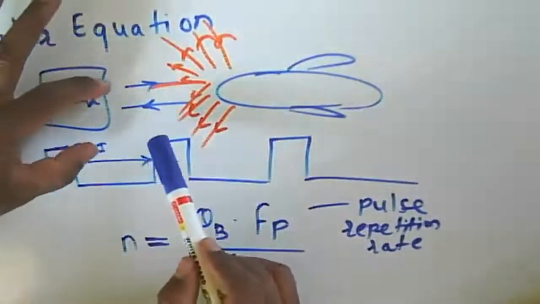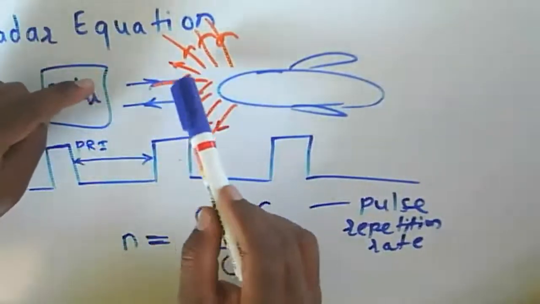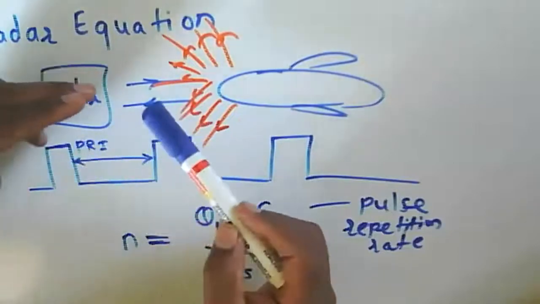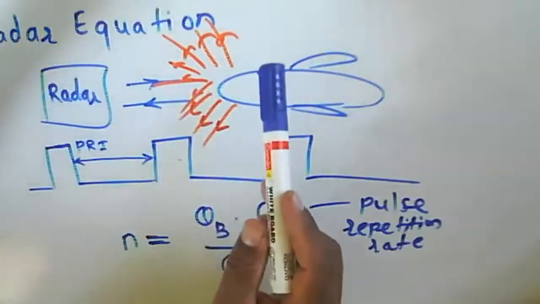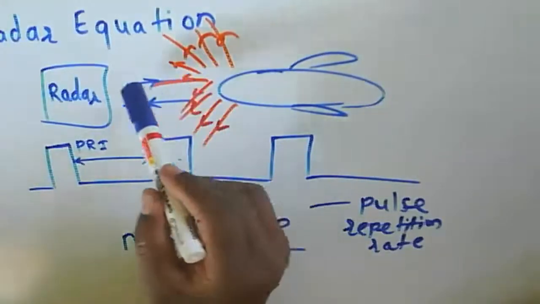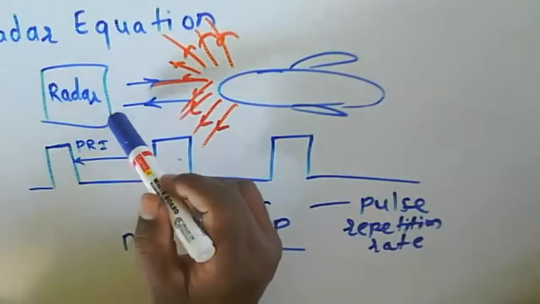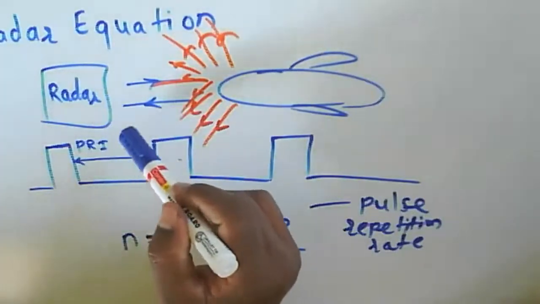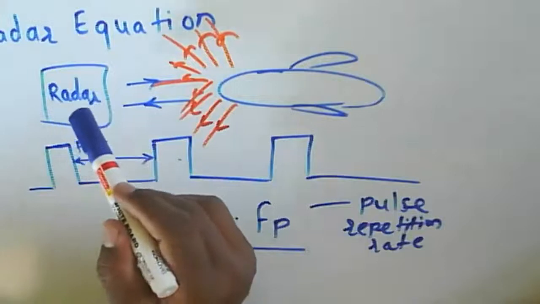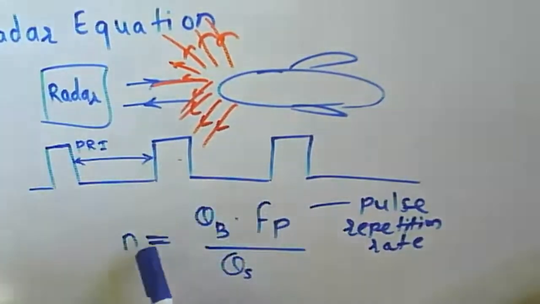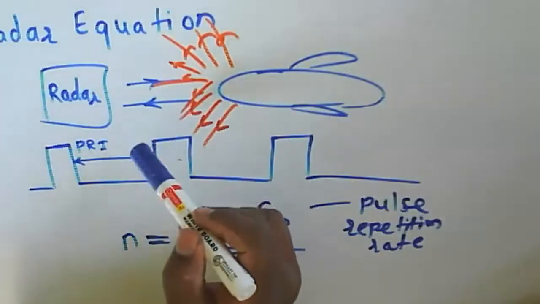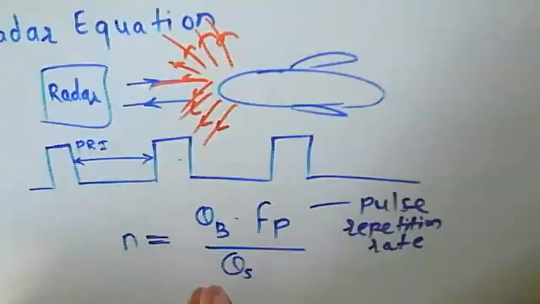Since it is rotating, the pulses reflect and go in different directions, diverging. When we receive at this particular radar, the antenna is rotating, so within a particular period of time it hits the object. So the number of pulses received depends on how many hits per scan, or pulses per scan, are received by the antenna.